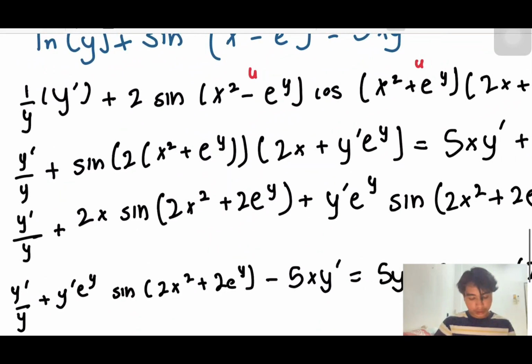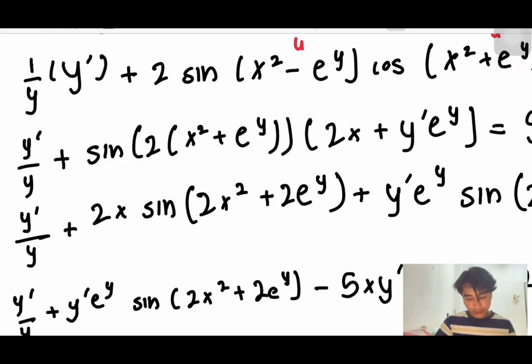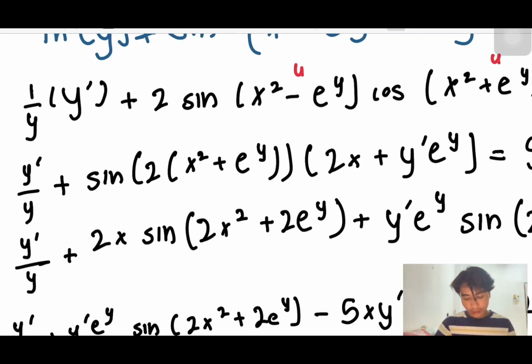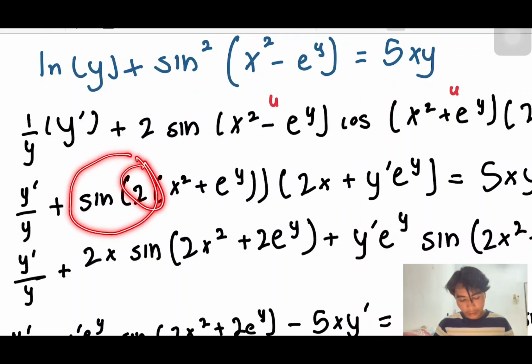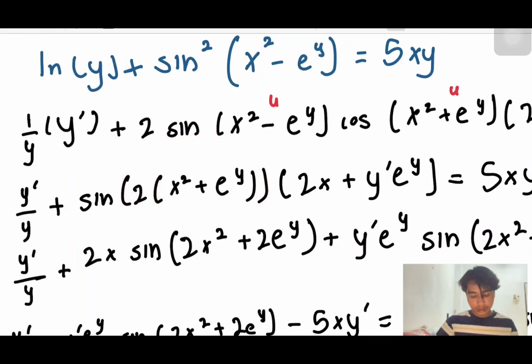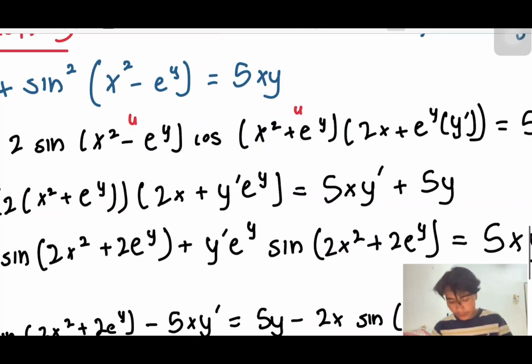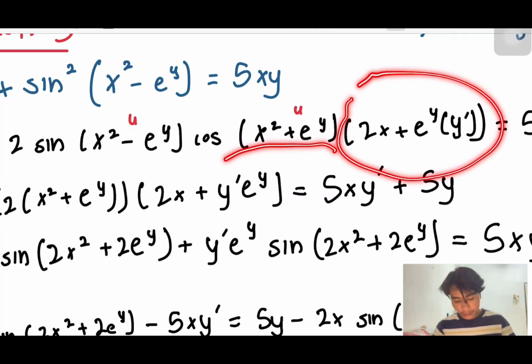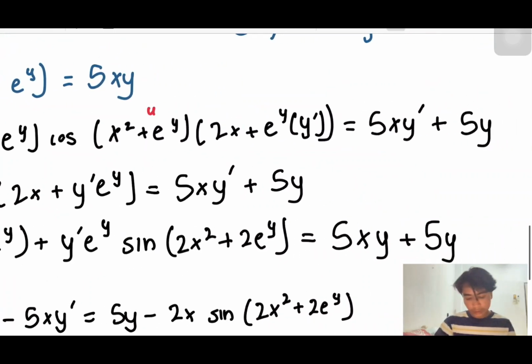So we have here the first one, just write it back, and the second one is sine 2u. So the second bracket, which is this one, write it back again, and the right side, of course, write again.